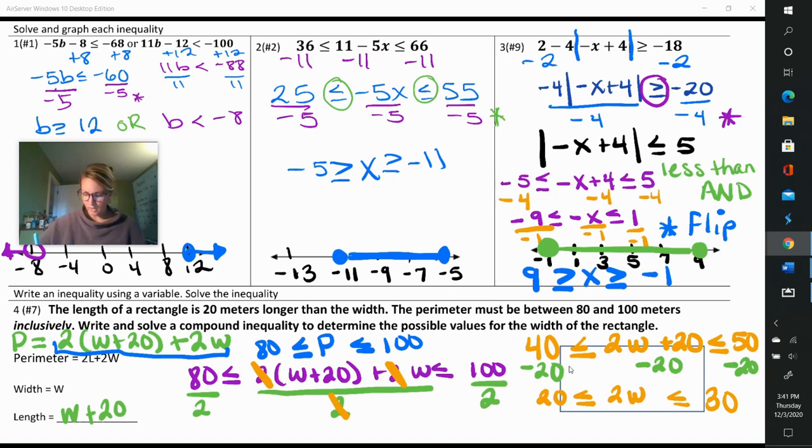So now we just want to divide all three parts by 2 to determine the possible widths of this rectangle.